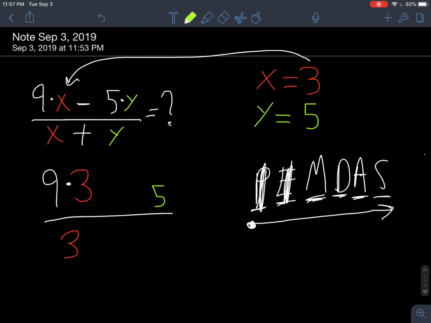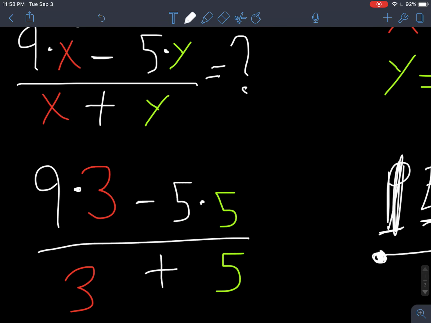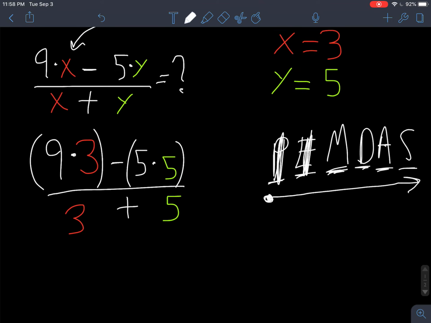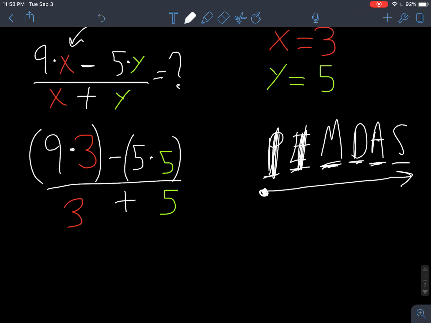What you can do to make things easier for yourself is put these in parentheses if you want, so it's easier to keep track of what's going on. So now all you do is just regular math.